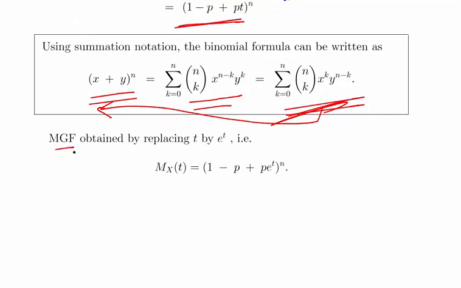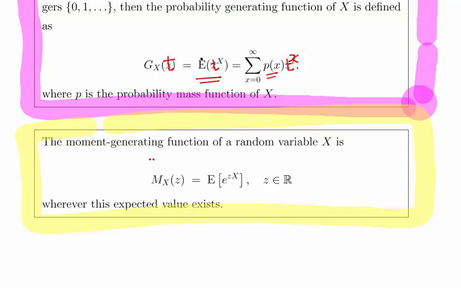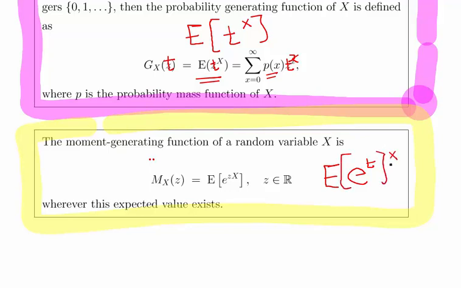Now, we're asked also for the moment generating function, the MGF, and that's a very straightforward job in this instance. We're asked to find the expected value of e to the power of t times x.